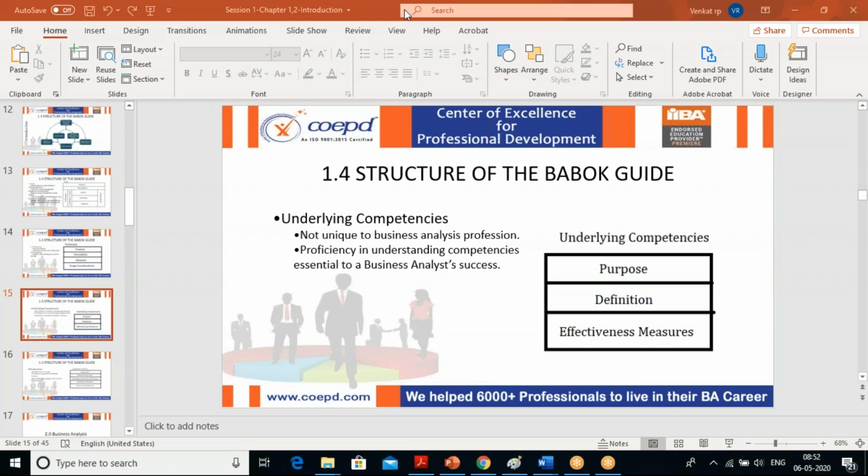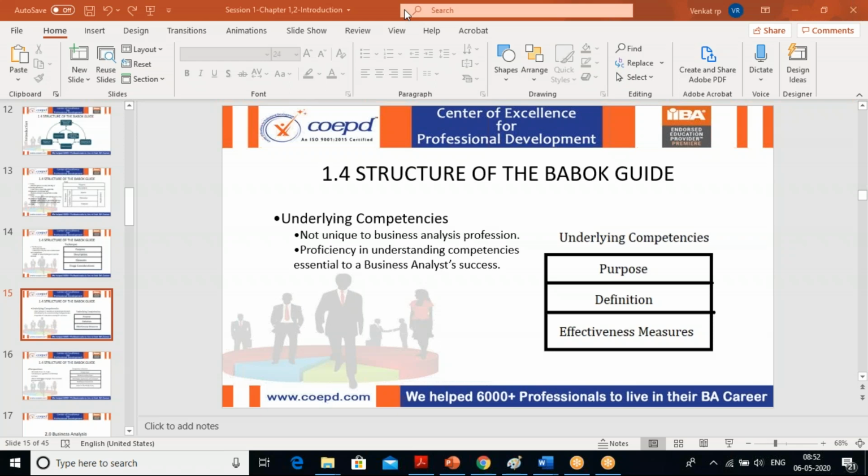While we discuss each perspective, we are going to discuss the change scope, that means what is going to change. Then we are going to discuss the business analysis scope, that means from a BA perspective, what exactly we need to do on the business analysis front.